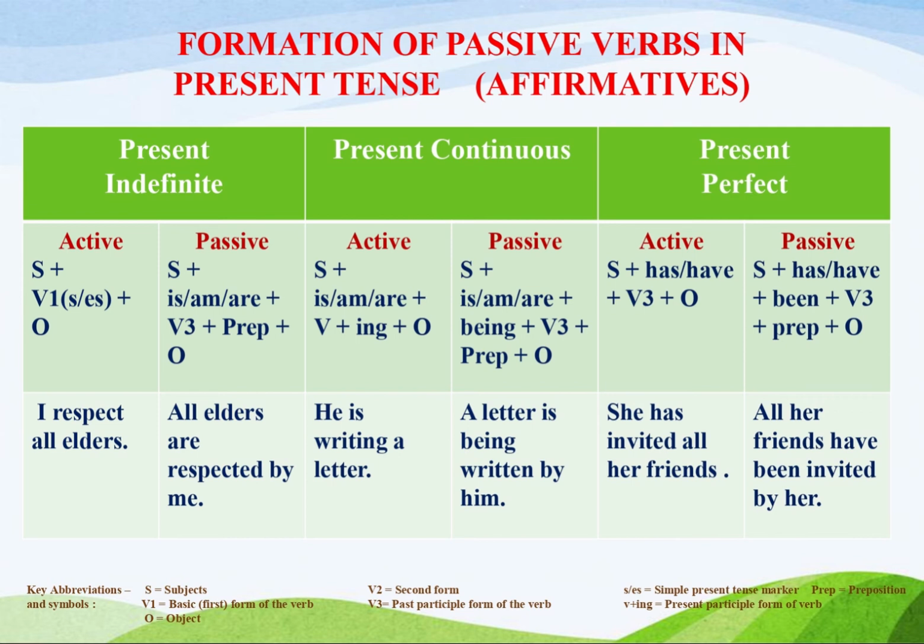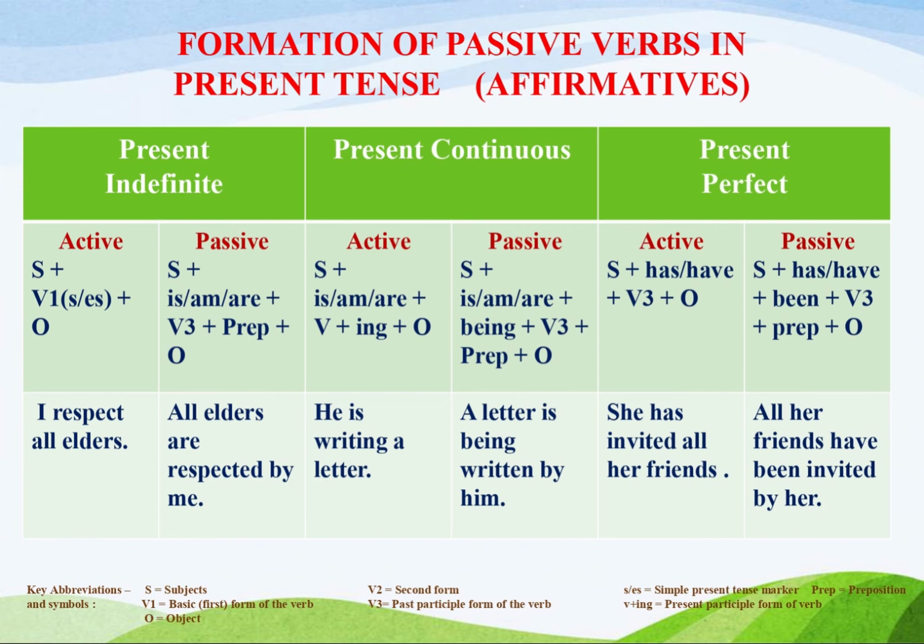And while changing it to the passive form, we will follow the formula subject plus is or am or are plus being plus third form of the verb plus preposition, that is by, plus object. For example, he is writing a letter. A letter is being written by him.